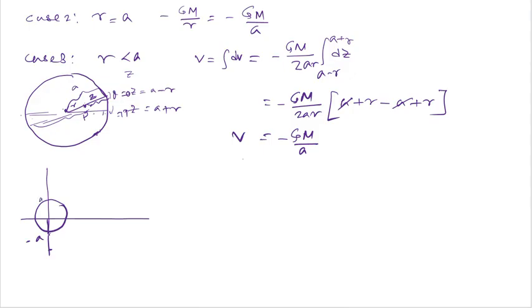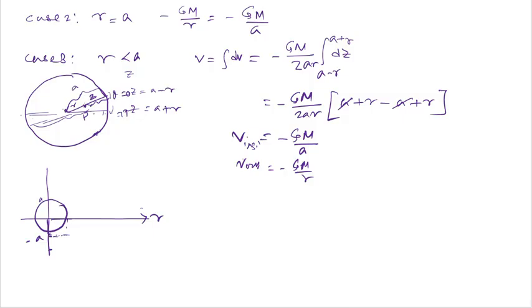The potential will always be on the minus side, up to the surface. Potential is minus GM, so this is a constant. Potential is constant. This is V inside. Then V outside is minus GM by r. Now this distance is r.